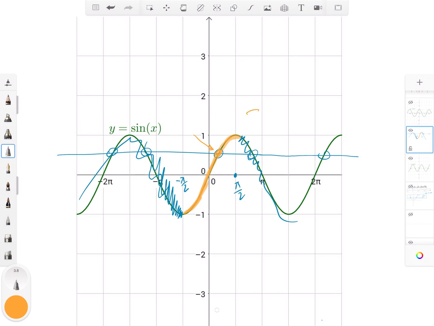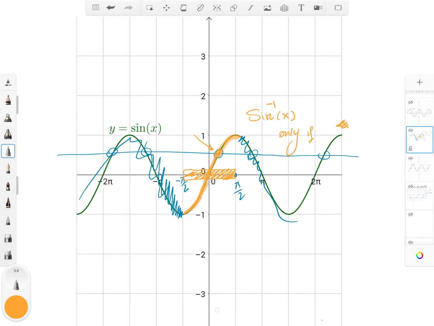So we can say that sine inverse of x is a function only if the value is between negative pi half and pi half.